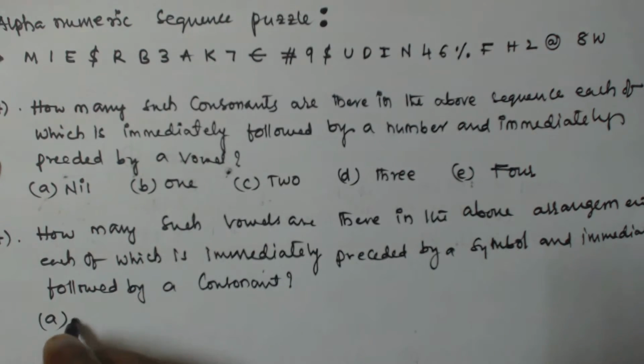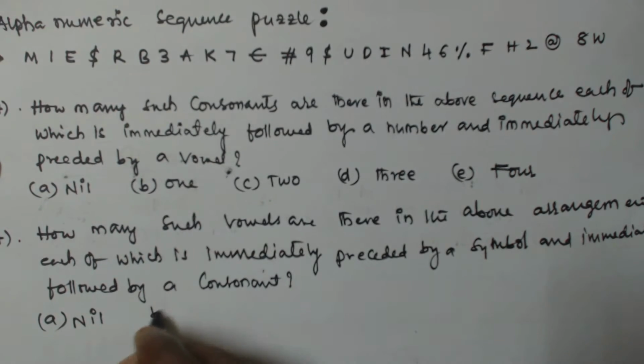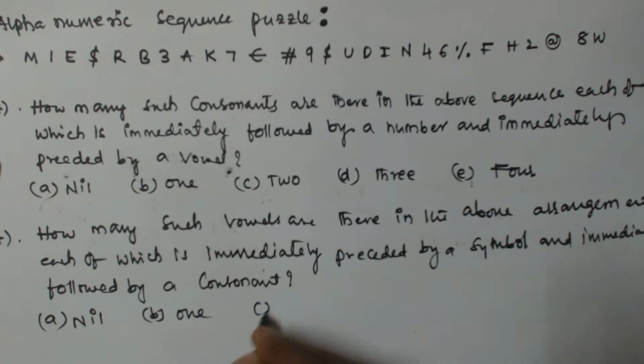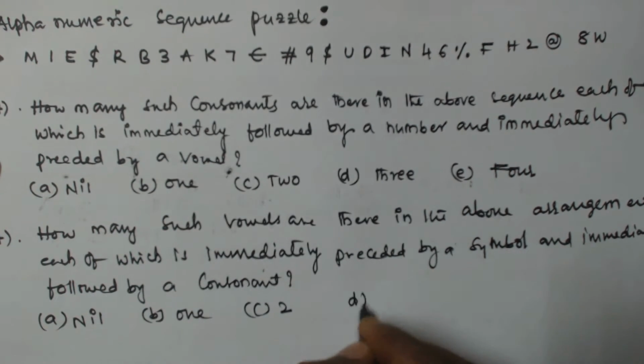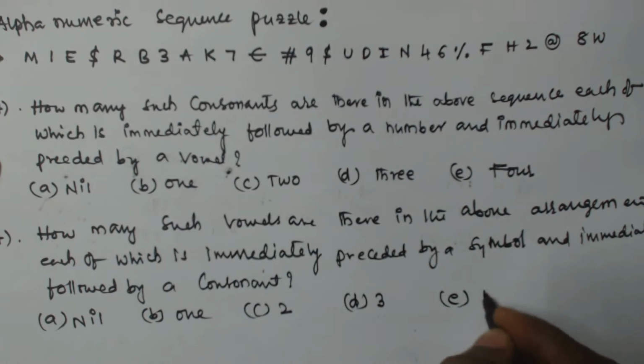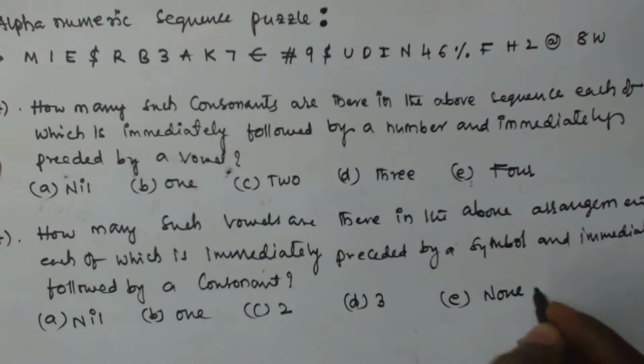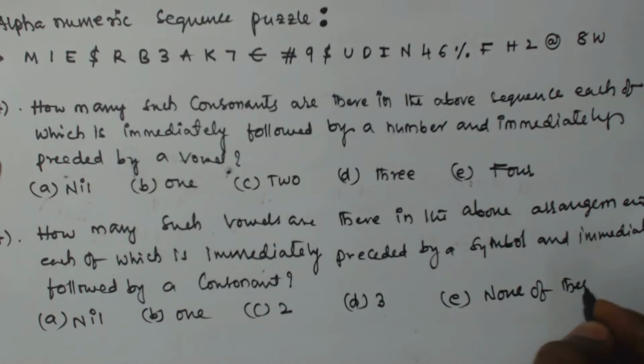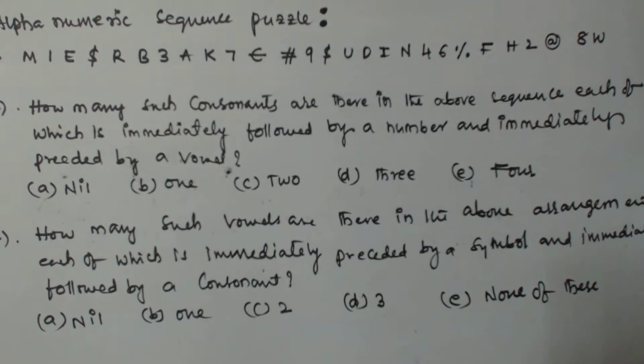Okay, so then option A is nil, option B is 1, option C is 2, option D is 3, and option E is none of these.